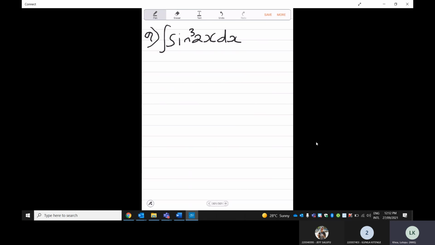You done? Okay. Integrating will affect it. So it's not just cos 2x, it's divided by 2.